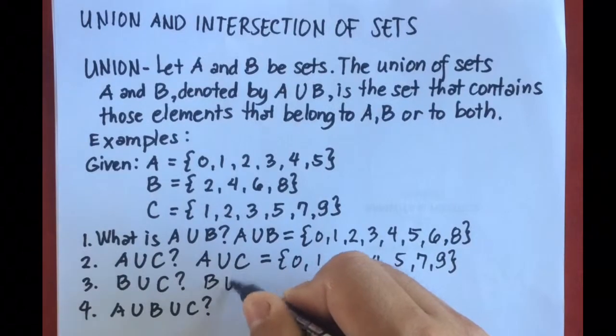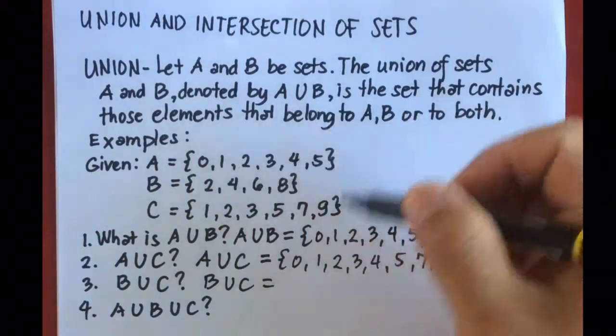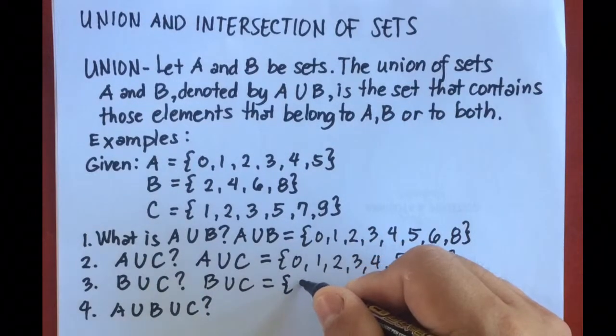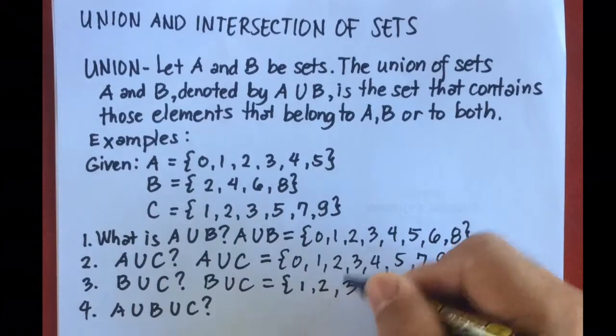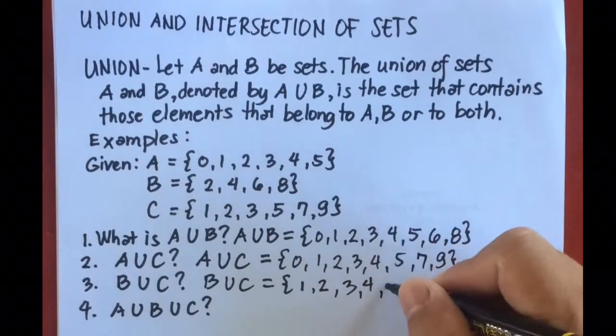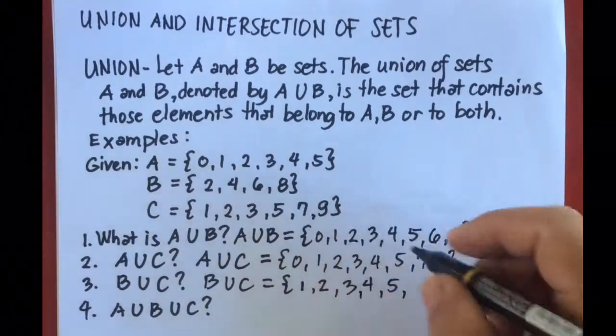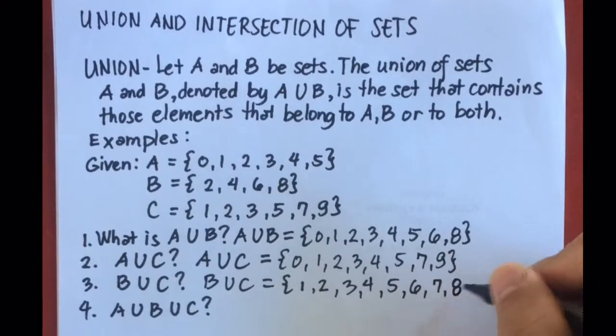B union C, this will be the elements found in B and C. So you're going to have here 1, then 2, then 3, then 4, then 5, then 6, 7, 8, and 9.